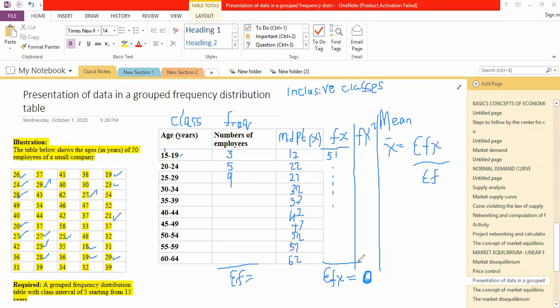Again, you get the total. You find the total of the column we are calling the f of x squared. So you come here and you find the total.